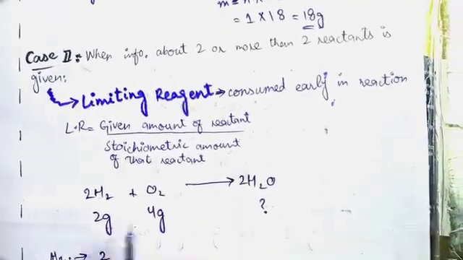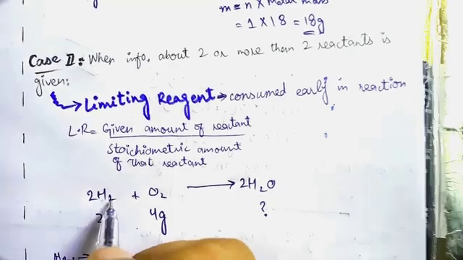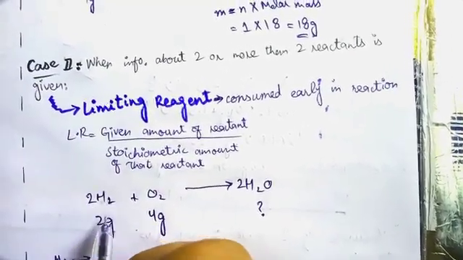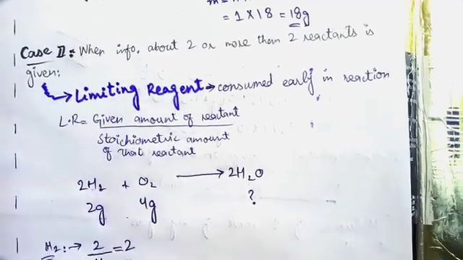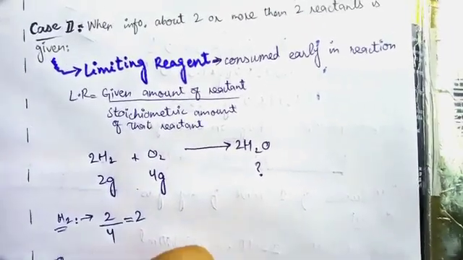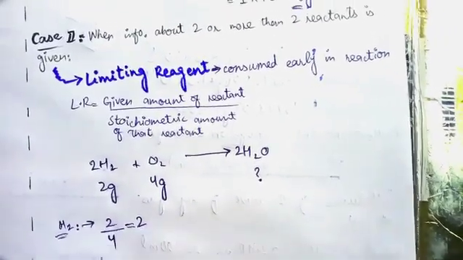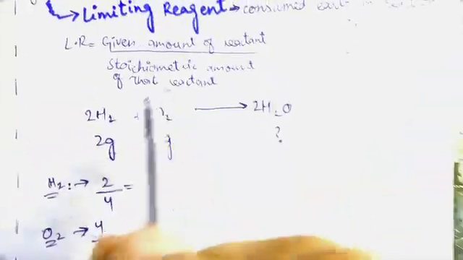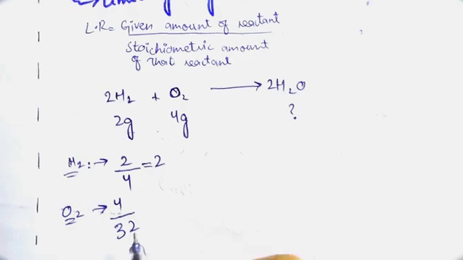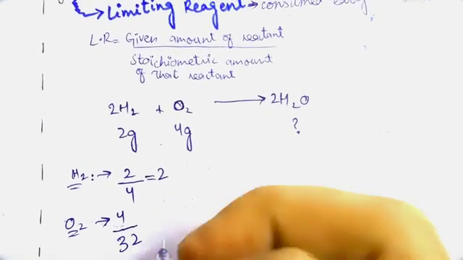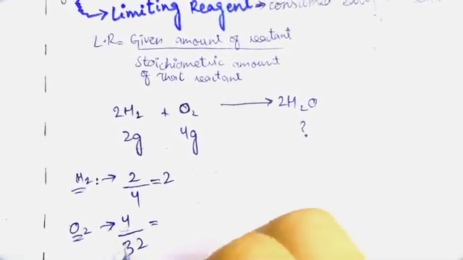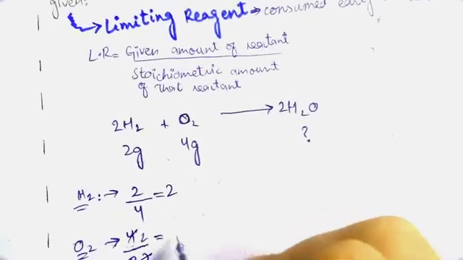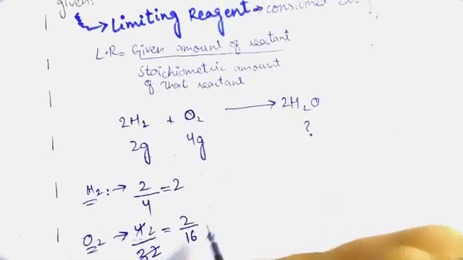First of all we balance it, and then it's 2 divided by 4. The stoichiometric amount we calculate, the mass is 4, then we find the answer is 2. But in case of oxygen, 4 divided by 32. We calculate it, which is 2 by 6. It's very much less than hydrogen.